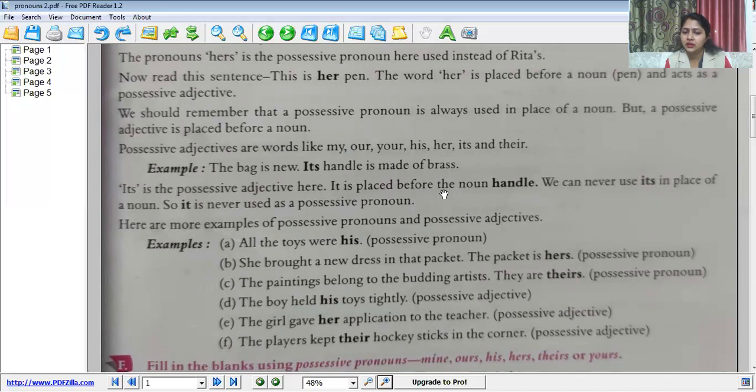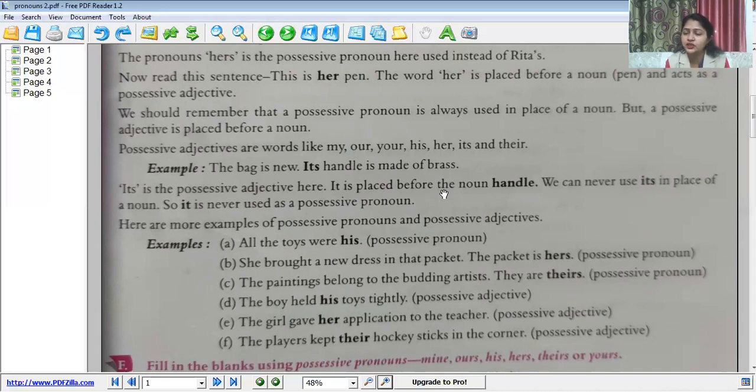Let's see how possessive adjectives are used in the sentence. The boy held his toys tightly. Now what has he done? His toys, telling about his. And see the next word after his, that is possessive, right? Toys is a noun and we have used his before it, so it's a possessive adjective. The girl gave her application to the teacher.